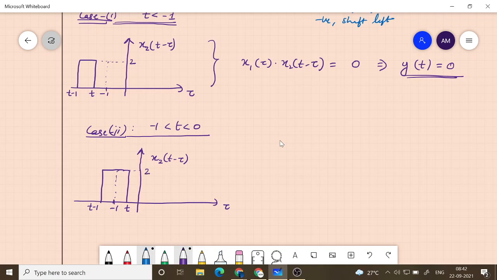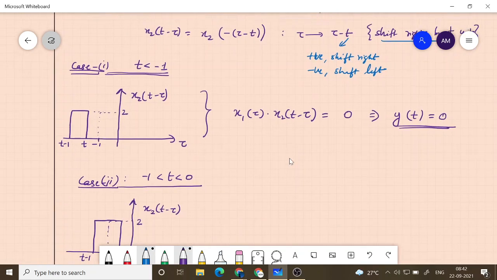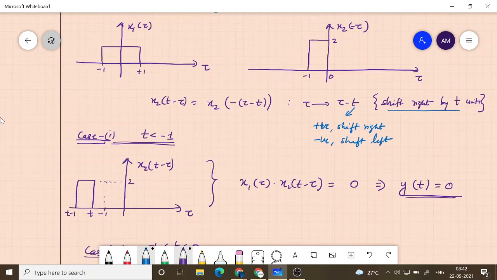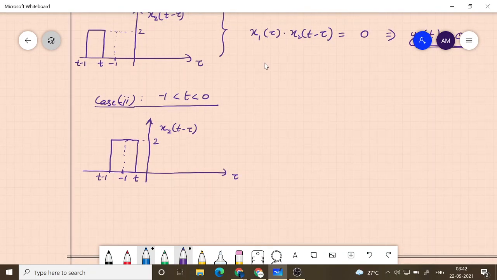The function value is 2. Now if you look at the overlapping area in this case with the first function, which starts from minus 1 to plus 1, there is some overlapping area, and that overlapping area is given by this.